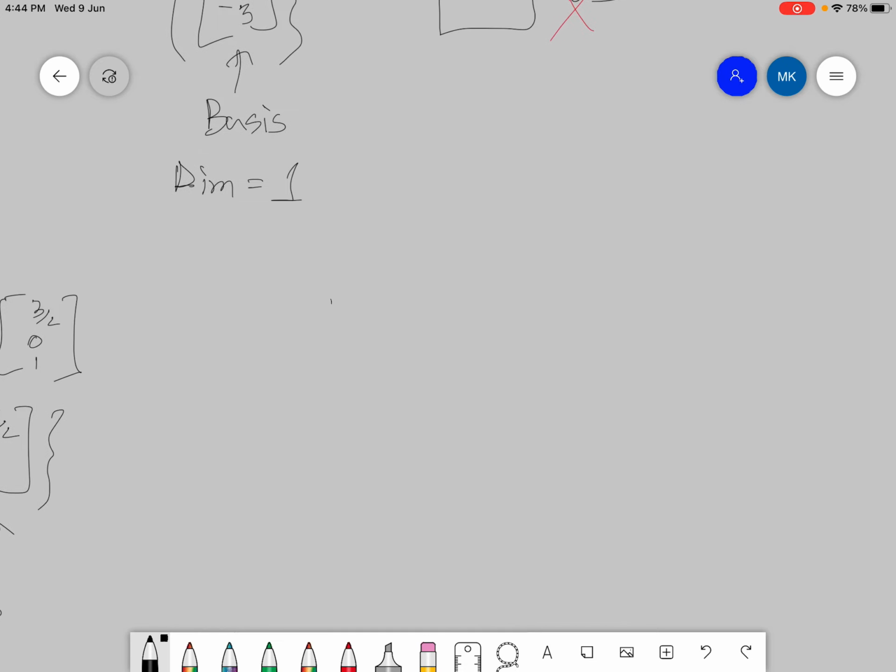Okay, what about the left null space? So the left null space is the null space of A transpose.